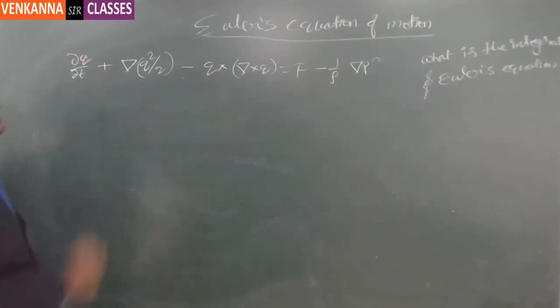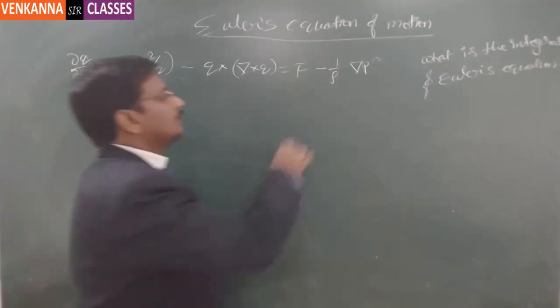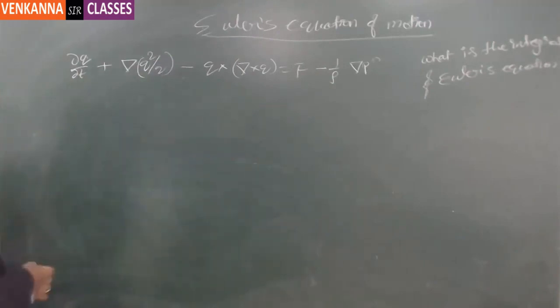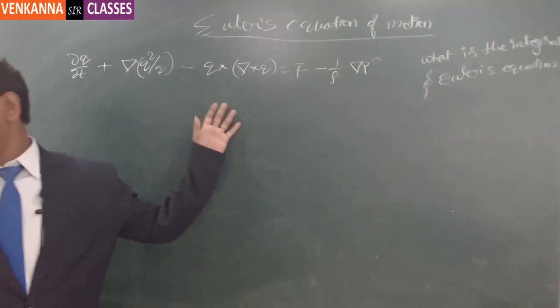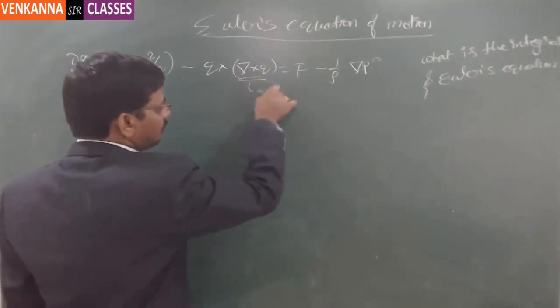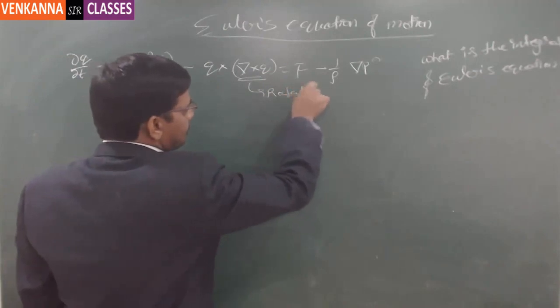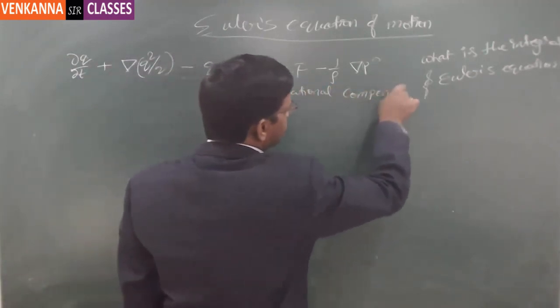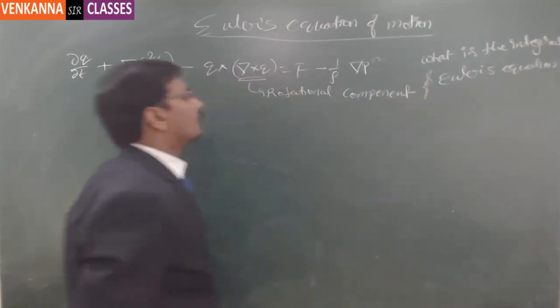So q is nothing but the velocity, and f is nothing but the force components, and del is the operator and t is the time. So all these variables are known. Now here this del cross q is nothing but the rotational component.